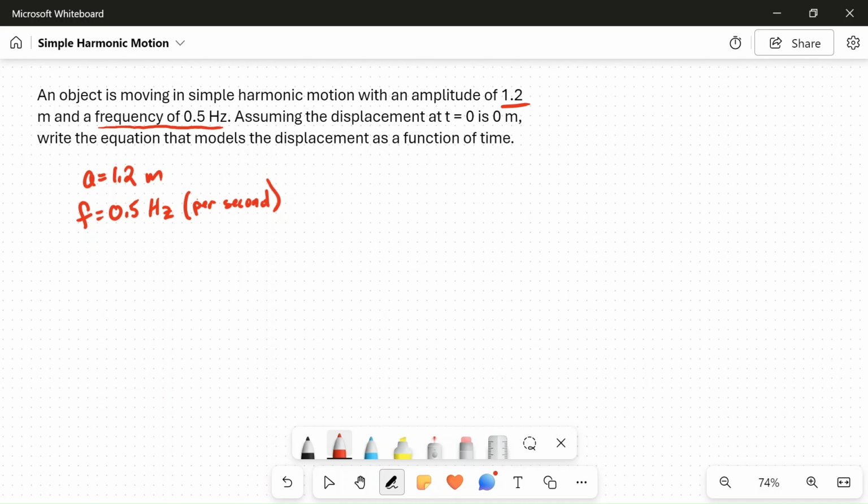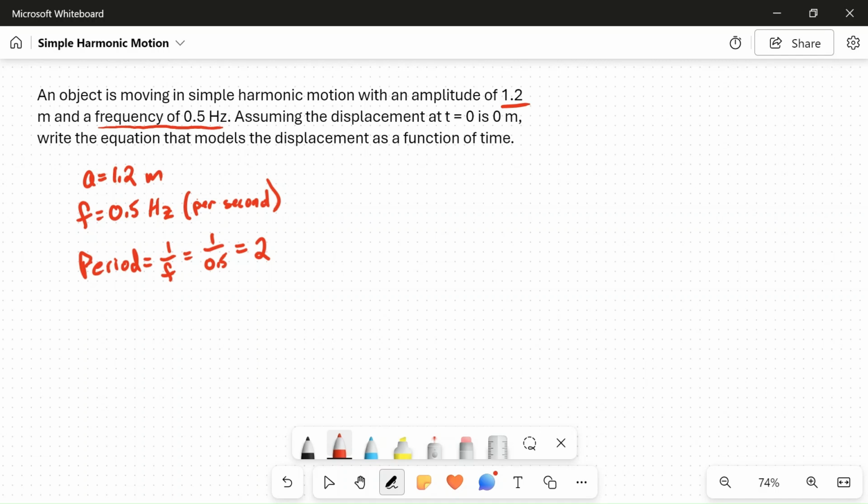To find the period, we know that the period and the frequency are reciprocals of each other. So the period is 1 over the frequency, 1 over 0.5, and 1 divided by 0.5 is 2. So the period is 2, and the amplitude is 1.2.